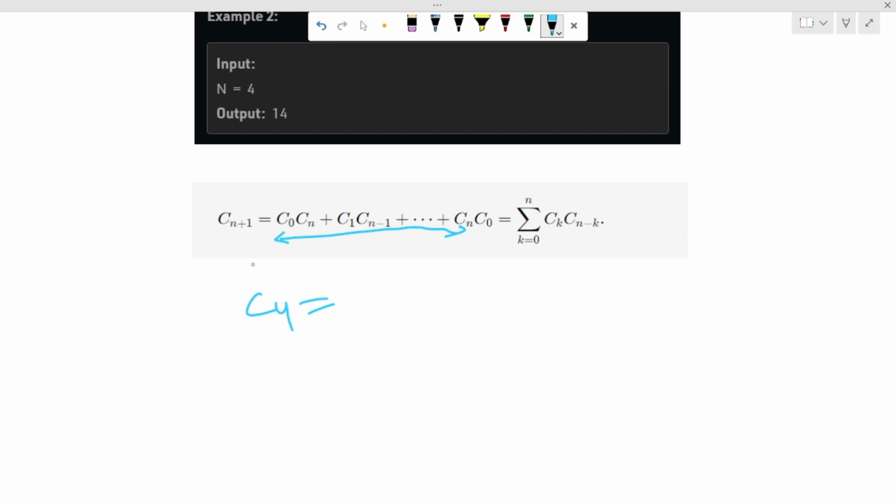Since if we compare the n plus 1 with 4, it means my n would be 3, right? So this is nothing but C0 times C3 plus C1 times C2, plus C2 times C1, plus C3 times C0. So this is basically the formula to calculate any particular value using a Catalan number.